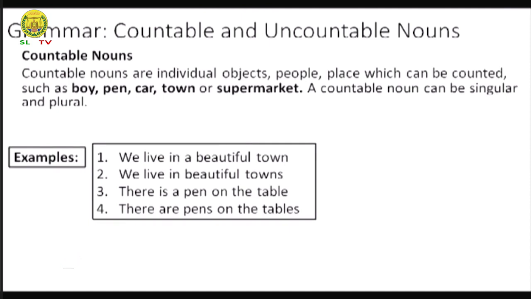Countable noun waxaa looga jeedaa wax kasta oo object ah, waa shayga. Nounkaasi wuxuu noqon karaa people, bini aadan ama dad, wuxuu noqon karaa place, meel, waa wax la tirin karo, which can be counted.